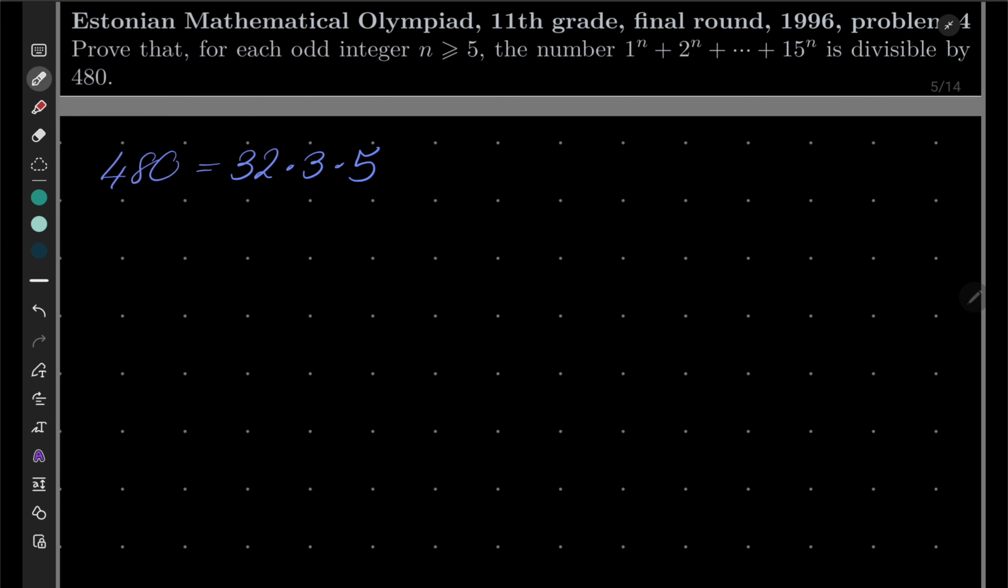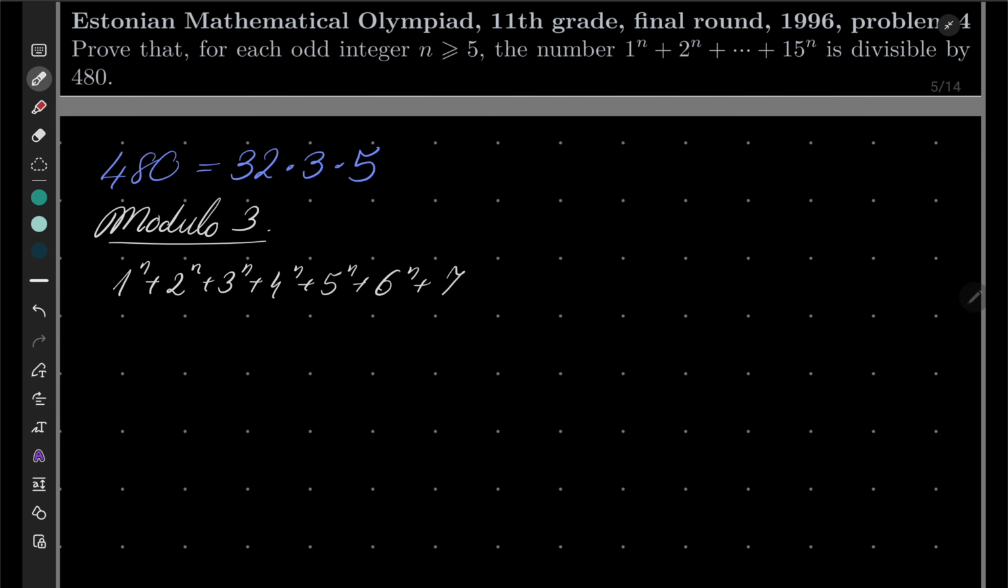So let's first consider modulo 3. 1 to the nth power plus 2 to the nth power plus 3 to the nth, 4 to the nth plus 5 to the nth, 6 to the nth, 7 to the nth, and so on up to 15.